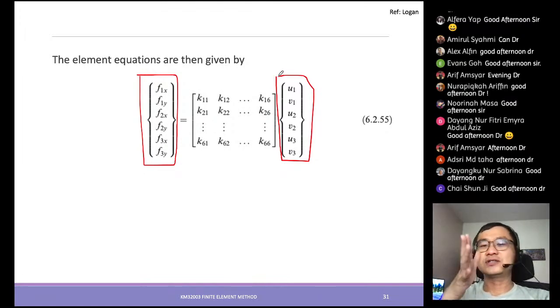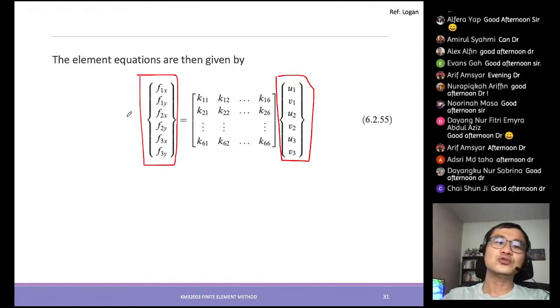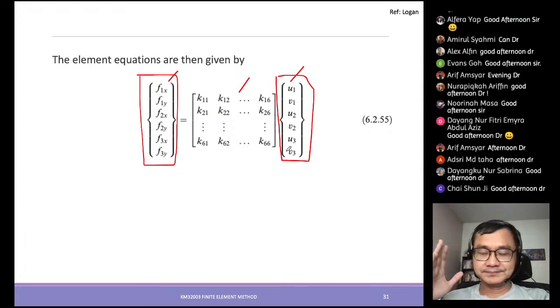If you see the flow, previously we talked about stress relating to strain, relating to displacement. And this displacement actually relates to the load applied to the element. So this is the relationship: the load is equal to the stiffness matrix multiplied by the displacement.